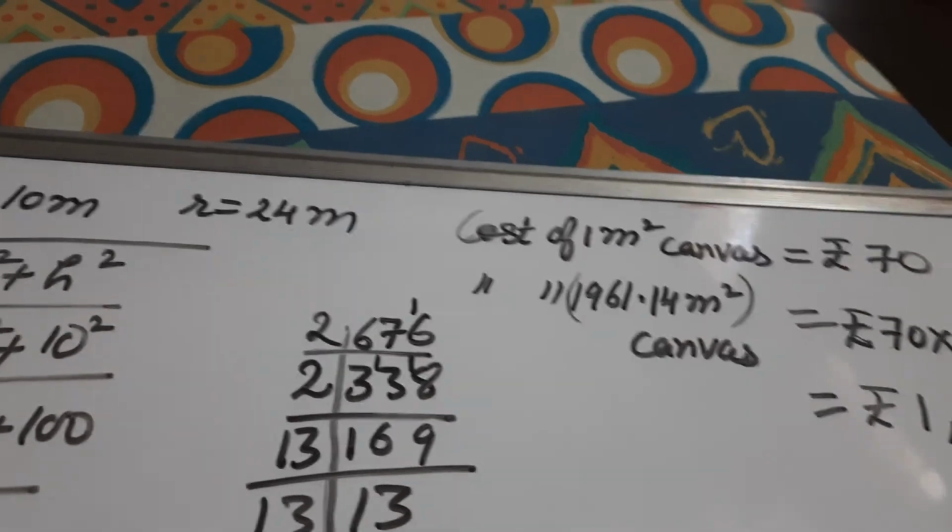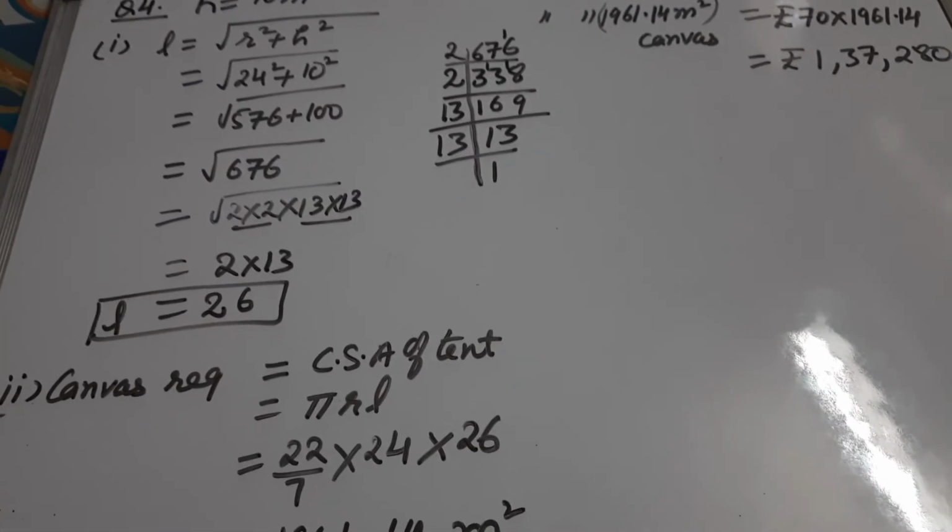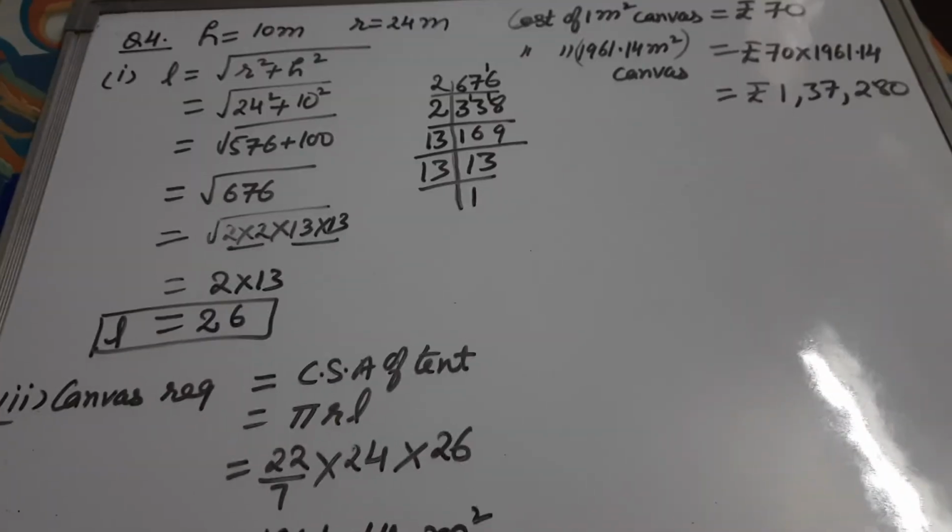That means it is quite a big tent whose cost is 1,37,280 rupees.